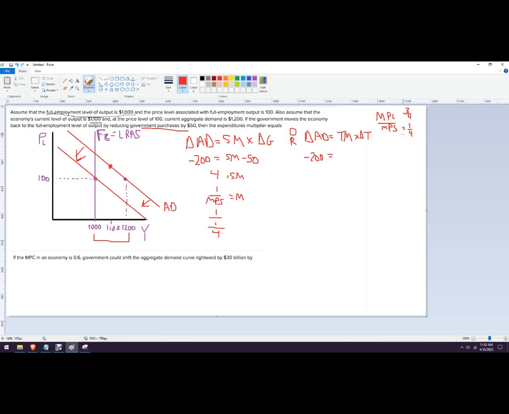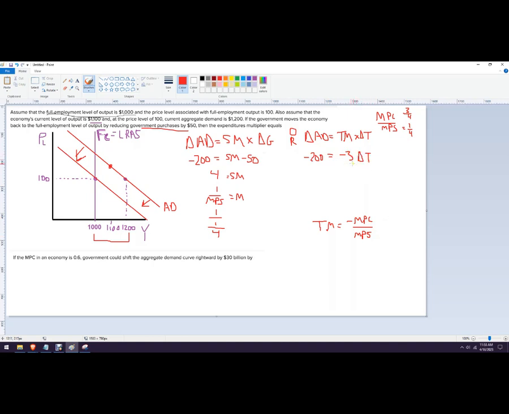The tax multiplier, I just intuitively know that it's 1 minus the spending multiplier because that's how it works. But if you wanted the tax multiplier, it is negative MPC over MPS. In this case, it would be negative 3/4 over 1/4. And so that would be 3. So the tax multiplier would be 3 in magnitude.